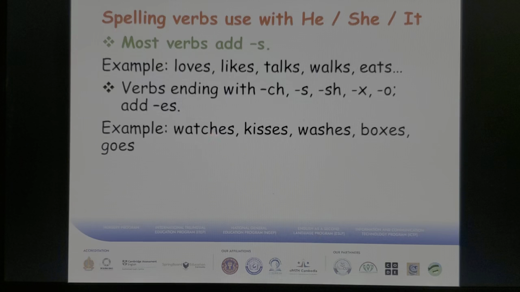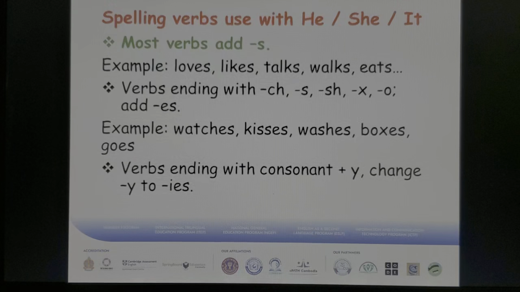Watch ends with ch, so add es. Pass ends with s, add es. Washes, ending with sh, add es. Boxes, ending with x, so add es. And goes, add es, because go ends with o. That is rule number 2 of spelling verbs used with subject he, she, and it.